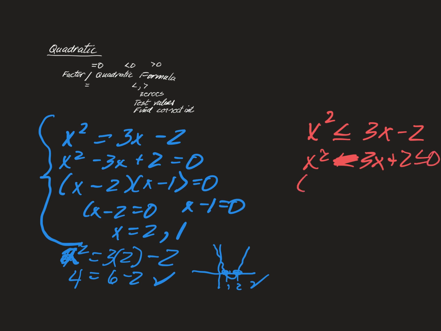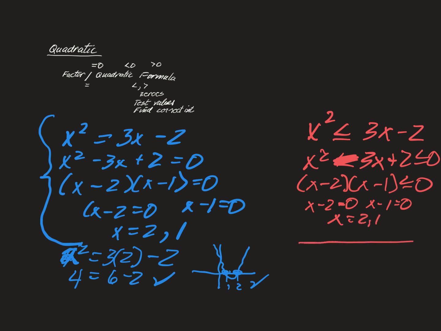I go ahead and factor it again: x minus 2 times x minus 1 is less than or equal to 0. And then I check x minus 2 equals 0 and x minus 1 equals 0, and that gives x equals 2 and 1. And so on a number line, that tells me the dividing points of the graph of this quadratic.